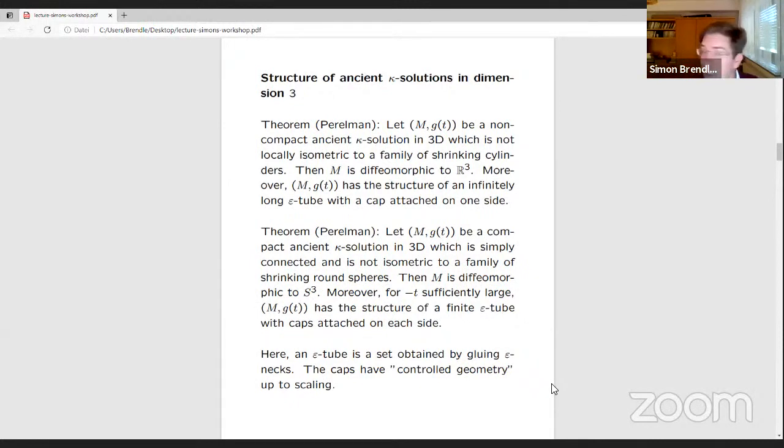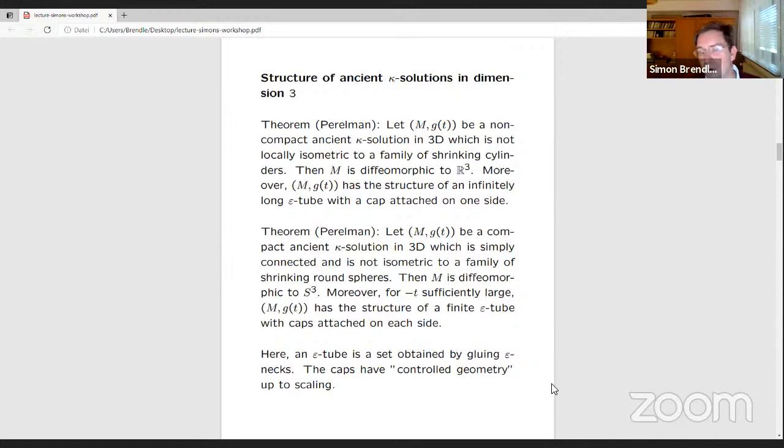Then it's either a family of shrinking round spheres, or else the thing is diffeomorphic to S3. And when T is very negative, it has the structure of a finite but very long epsilon tube with caps attached on each side. And again, these caps have controlled geometry up to scaling.